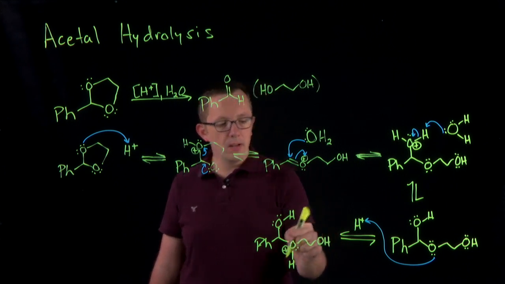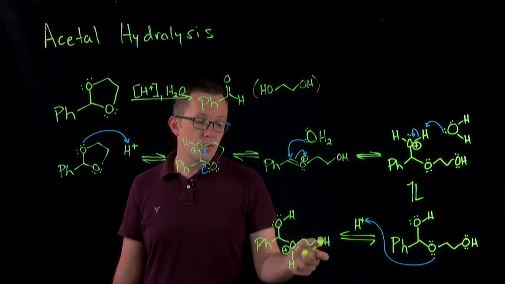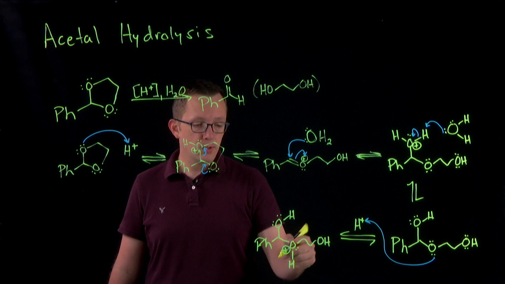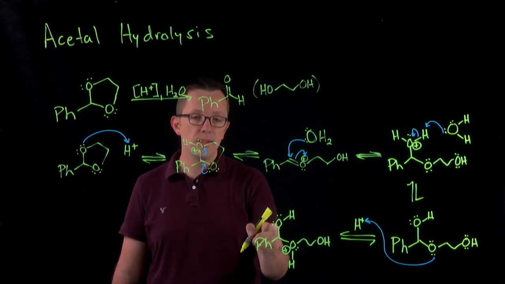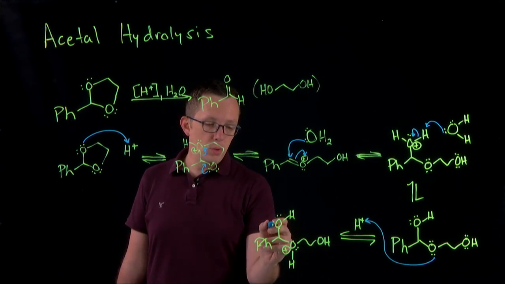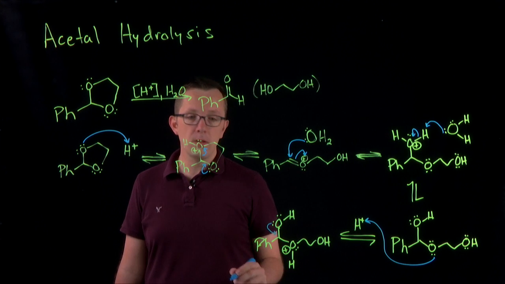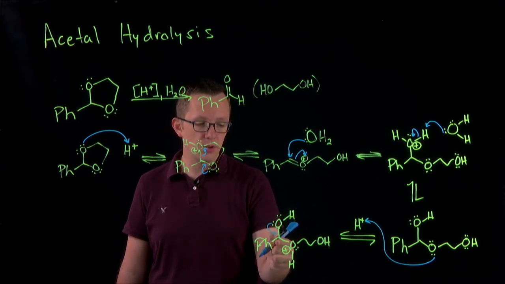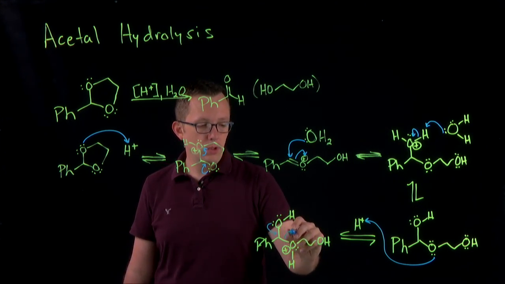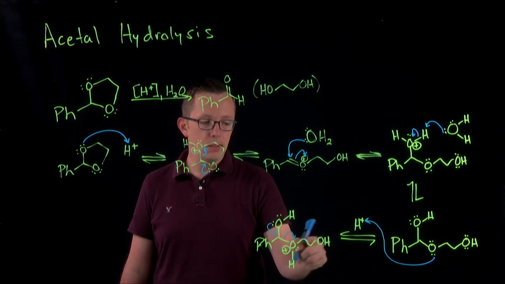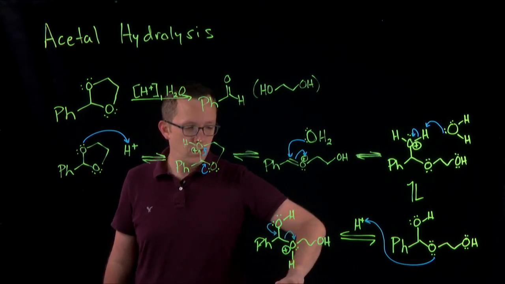And so now this ether is activated so that we can have it leave, and we're going to use the lone pairs on the adjacent oxygen to help that leave. So we're going to push down one of these lone pairs to form a pi bond between the oxygen and the carbon, and then we're going to have our ethylene glycol molecule leave.